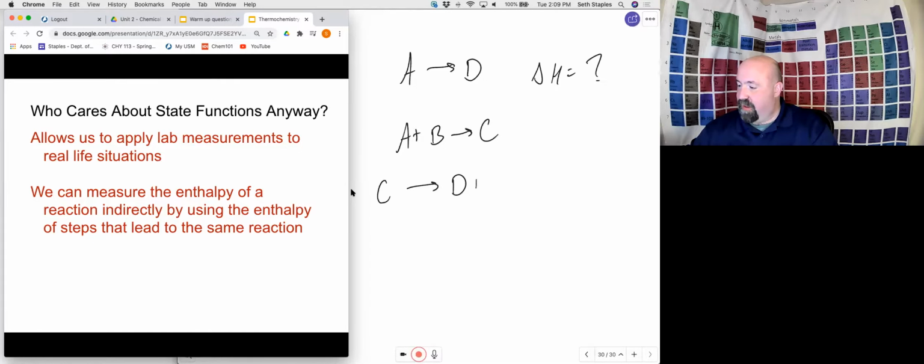I'm trying to make up an example off the cuff here, and it's not really working. But if I had some sort of process like this, and I knew the delta H of these, I could add them up, and it would get me eventually to the delta H of my overall reaction.